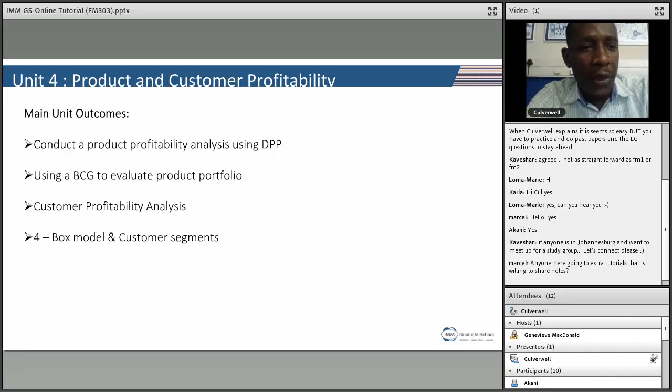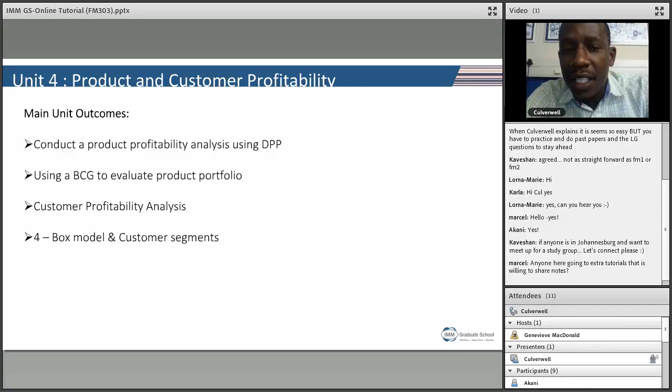So you need to be in a position to conduct a product profitability analysis. You should also be in a position to conduct a customer profitability analysis. The difference between those 2, the direct product profitability and the customer profitability analysis, is just that on a product, the question they would give you will be about a specific company that is selling a physical product, whereas a customer profitability analysis will then be about a service.